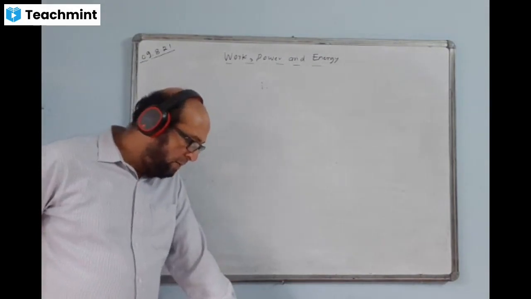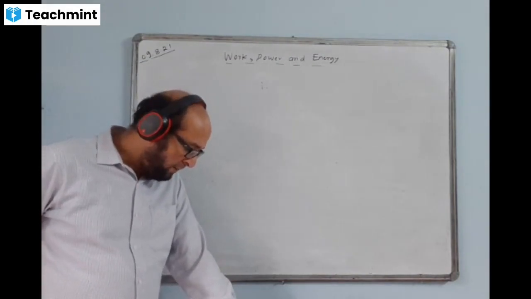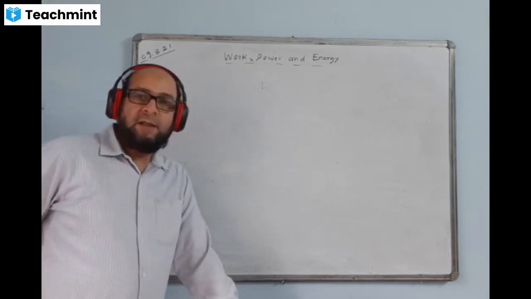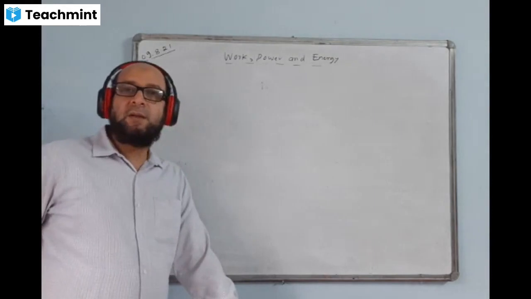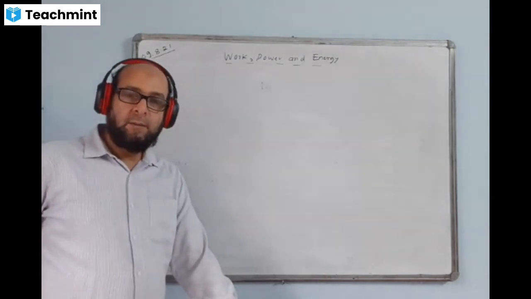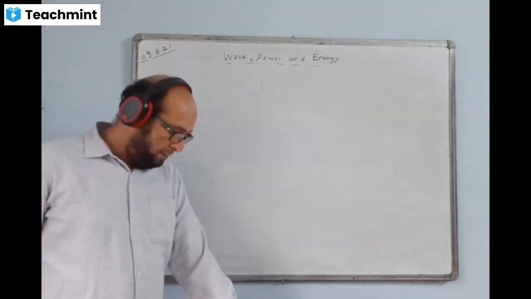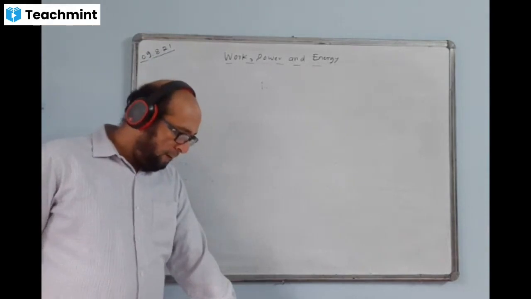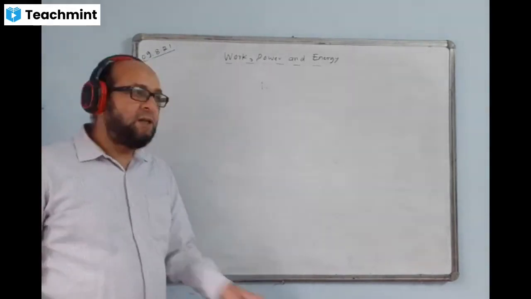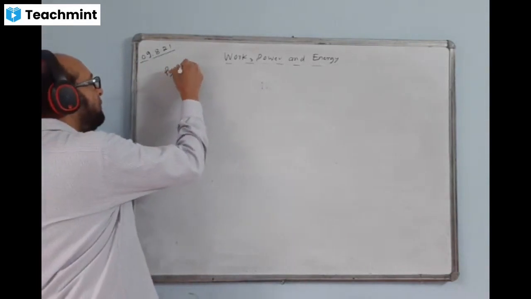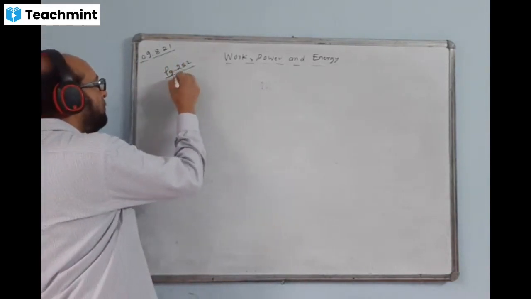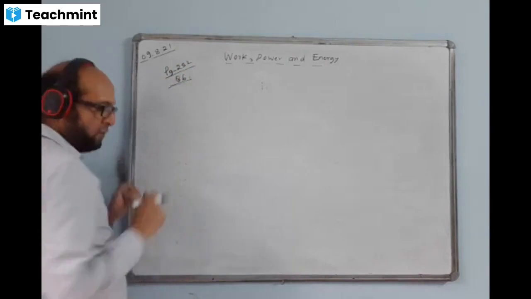If the pump is 70% efficient, what power is developed by the engine? The value of g you have to use is 9.8. This is question number 6, page 252.